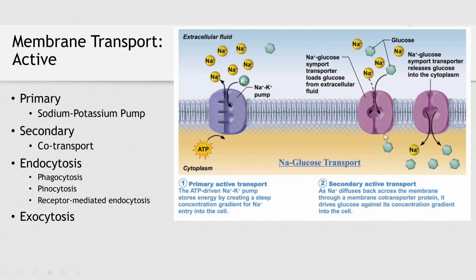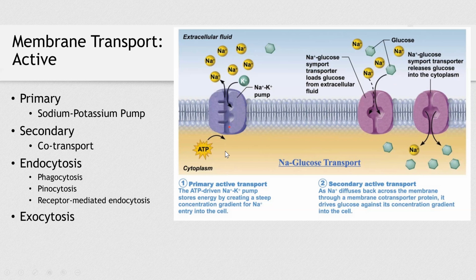First of all, remember that secondary active transport also moves substances against the concentration gradient. Now, what do those pink proteins move against the concentration gradient? Actually, glucose.